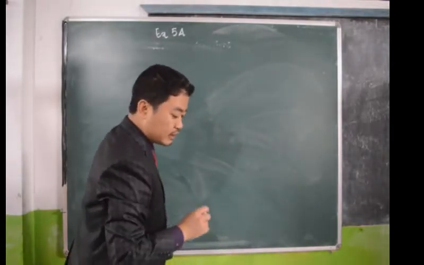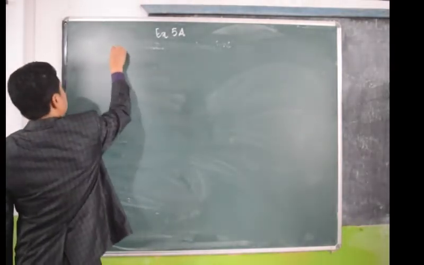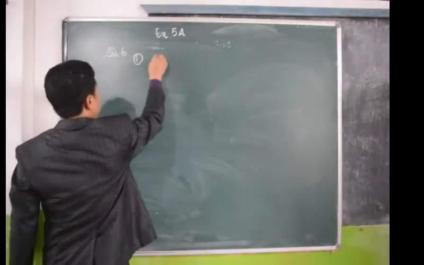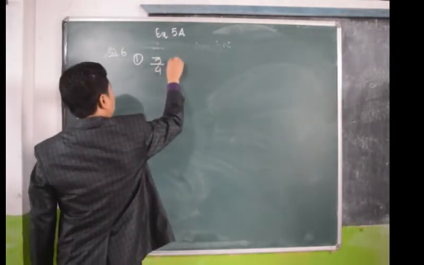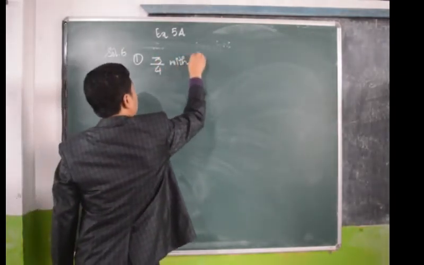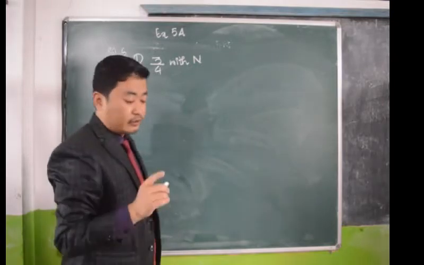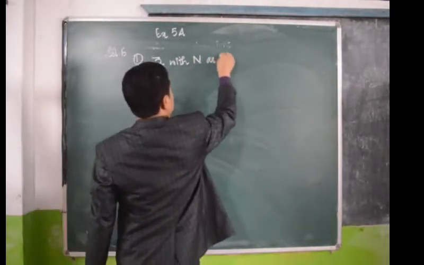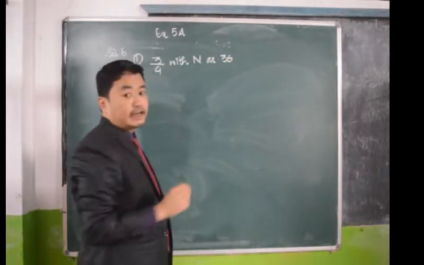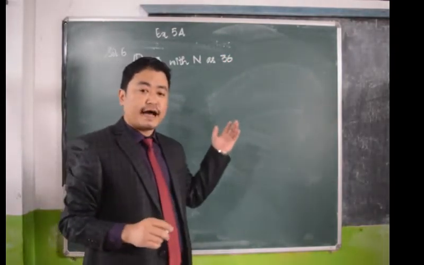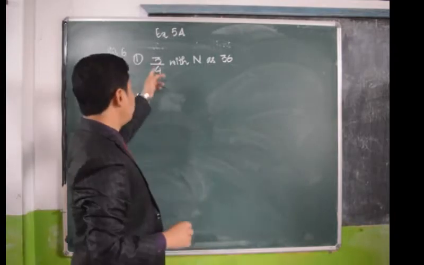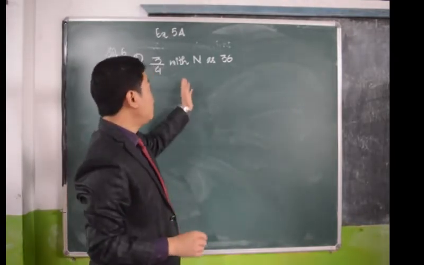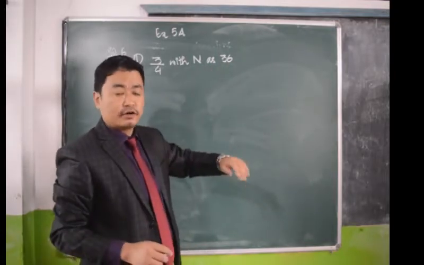So question number 6, solution number 6, I'm doing number 1. 6.1, what we have is 3 by 4 with numerator. I am representing numerator with n, don't get confused by that. With numerator as 36. So we need to figure out the equivalent fraction of the given fraction, that is 3 by 4, with numerator as 36.